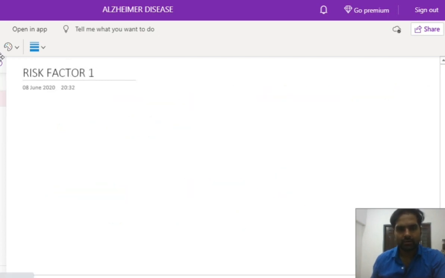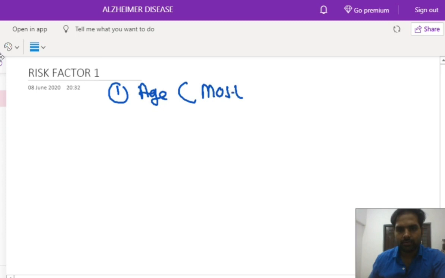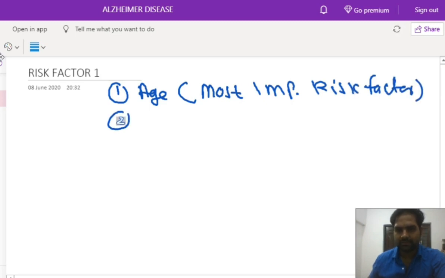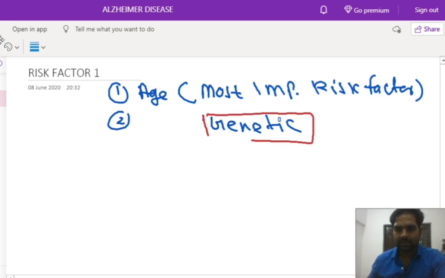Now let's talk about the risk factors for Alzheimer disease. The first risk factor is age, the most important risk factor. The other risk factor includes genetics. In genetics, we have to remember it is related to three components.